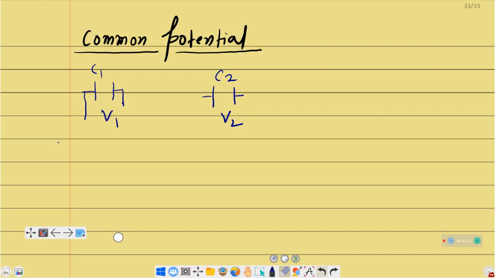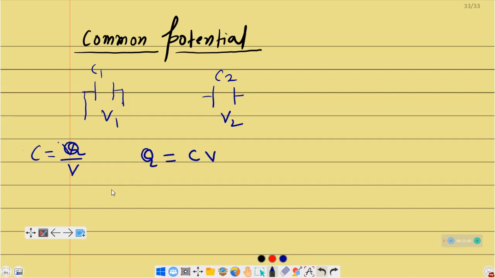As we know, capacitance is charge upon potential difference. So the charge will be C, the capacitance, times the potential difference.